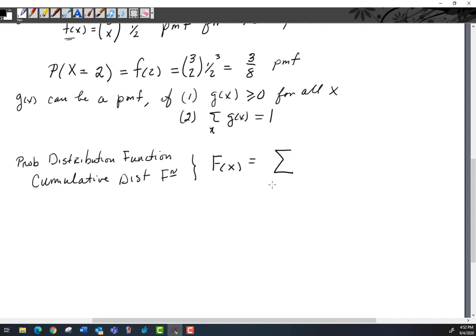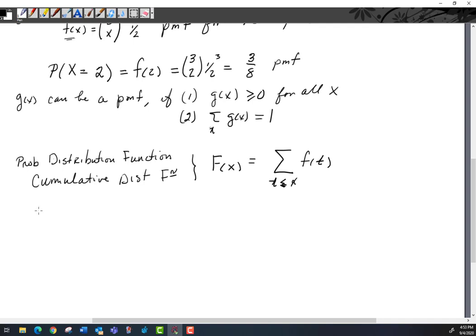Now this is in the discrete case. We're just dealing with the discrete today. For t less than or equal to x, f of t.